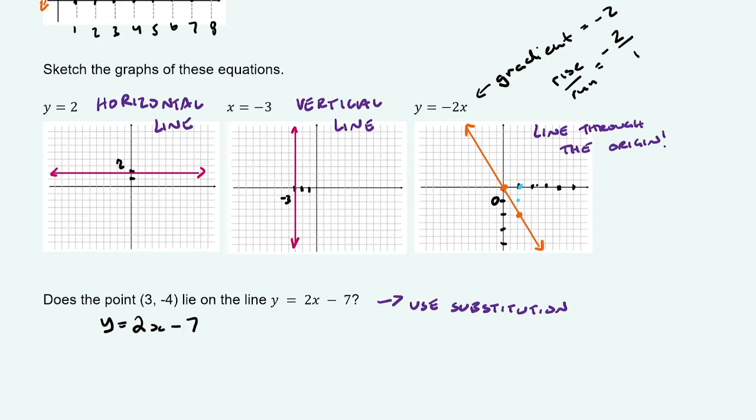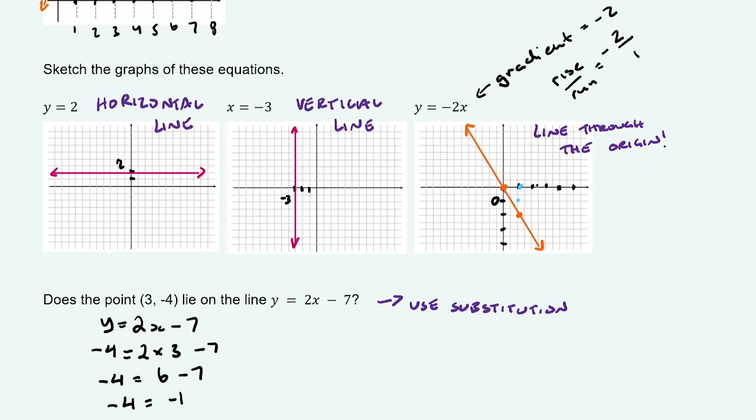I'm going to substitute in the 3 for the x and the minus 4 for the y. And then I'm just going to use my algebra. So I'm going to go minus 4 equals 2 times 3 minus 7. So minus 4, 2 times 3, well that's 6, minus 7, well that's minus 1.